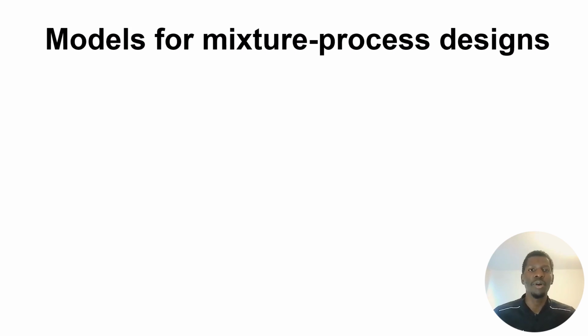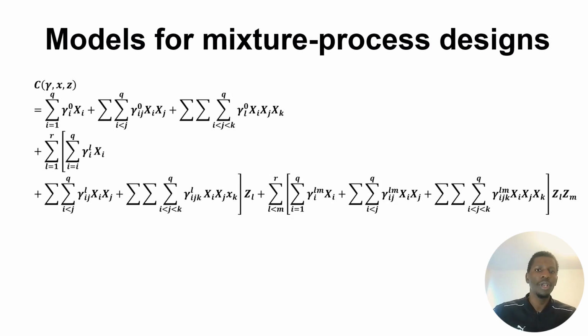And mixture process designs are there to help solve the complex interactions that always occur between these process and mixture variables. The general form of a mixture process design is presented as such, and it looks complex at a glance, but it's not actually complex.